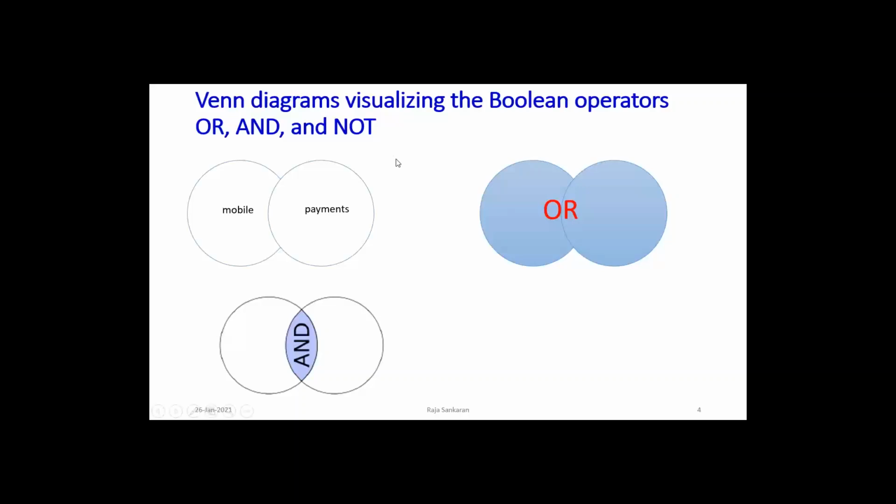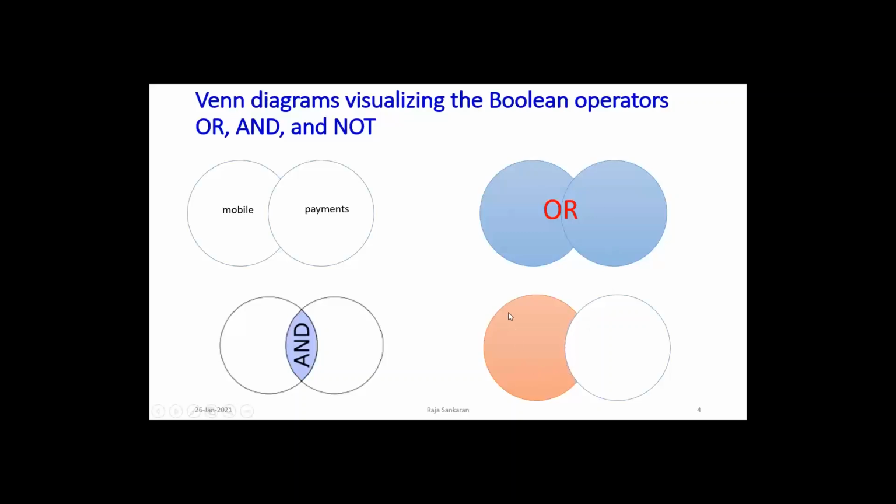This is one of the very critical aspects when we do an intelligent search. The next is NOT. The first circle represents, say, mobile, and the second one represents payments. If you want all the results of mobile, not payments, then anything that you find in the white circle will be removed.